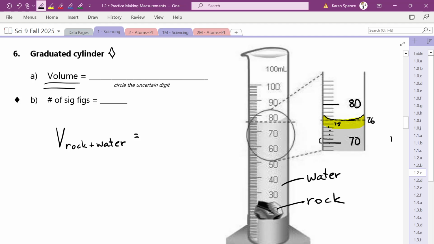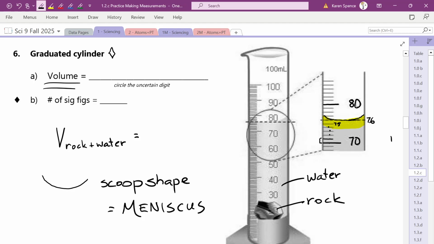So it will actually climb up the walls a little bit, and it forms this little scoop shape. That scoop shape is called a meniscus.